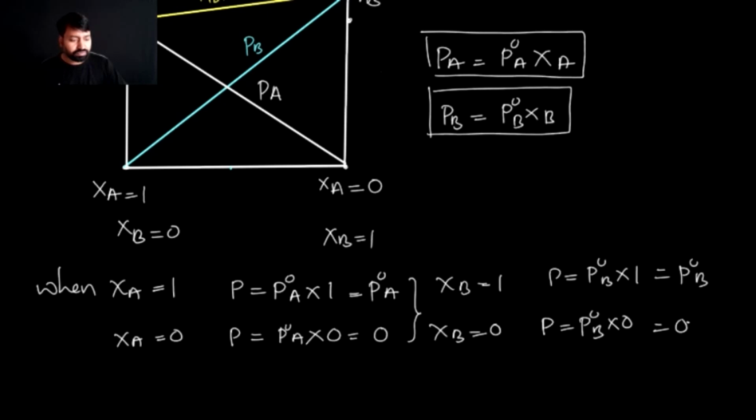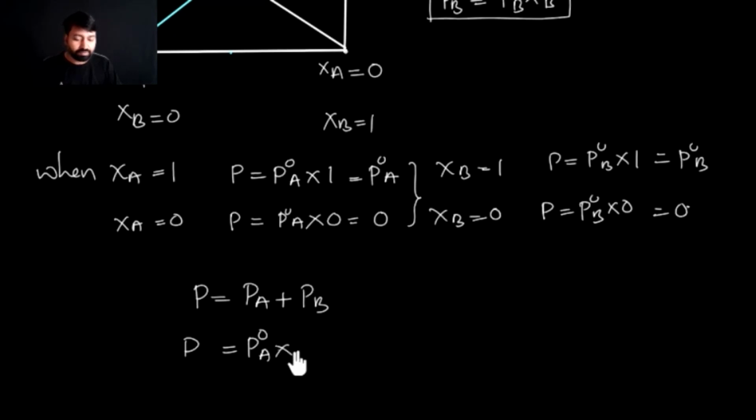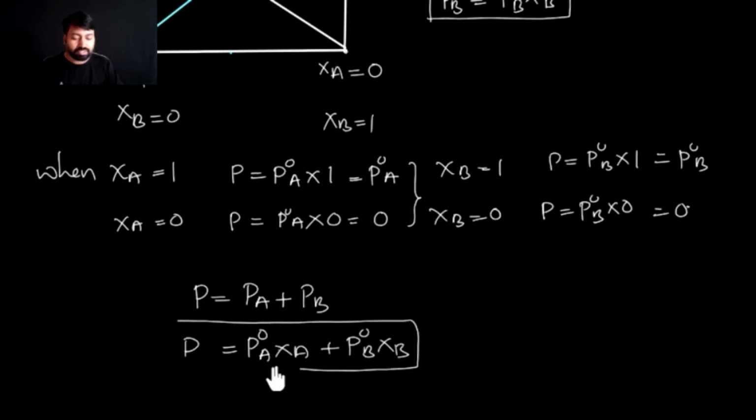So therefore we can say that the total pressure P equals P of A plus P of B, but we can express this as P equals P naught A into mole fraction of A plus P naught B into mole fraction of B. This is the equation used to calculate the total pressure exerted by the components in a solution. Hope you understood this, students.